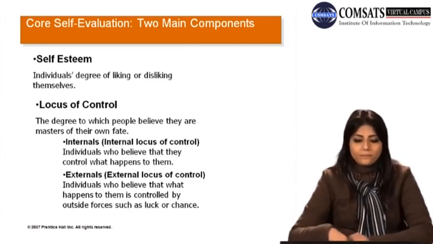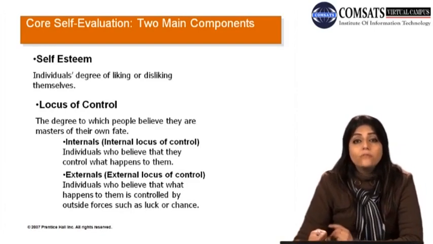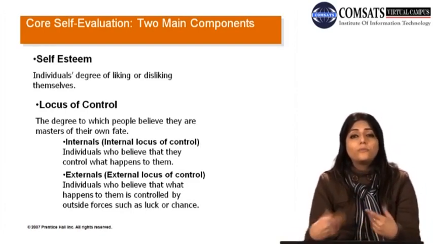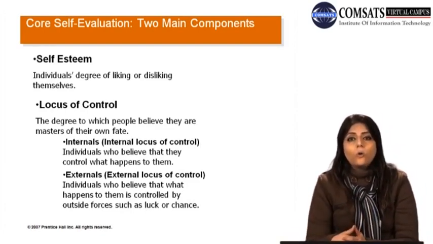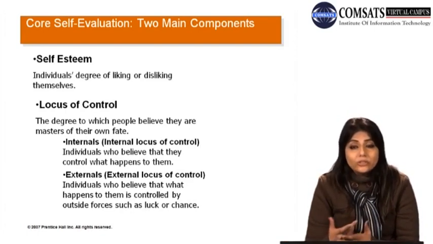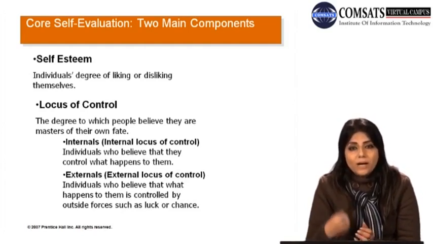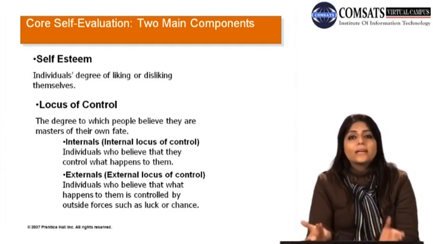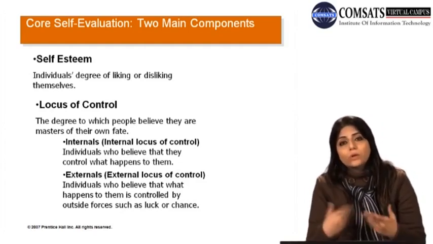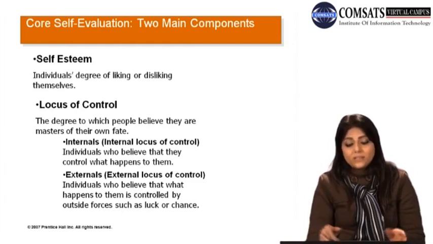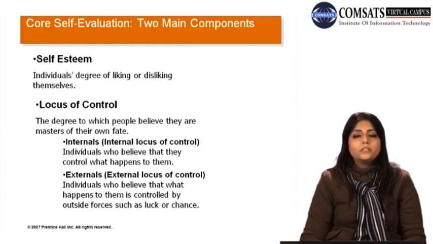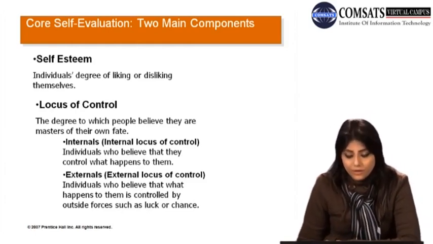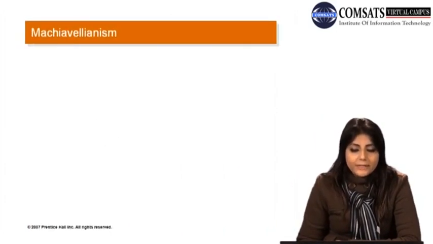Right? So core self-evaluations is how you evaluate how capable you are of performing, how much you like yourself, how much confidence you have in yourself, how much you believe that you have mastery over your own self and over the external environment, and what is the role of external factors in determining your happiness or other things, right?